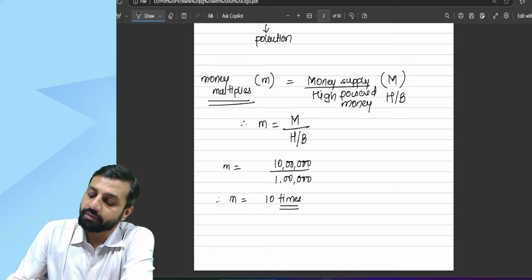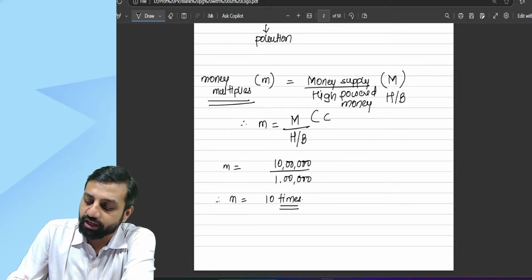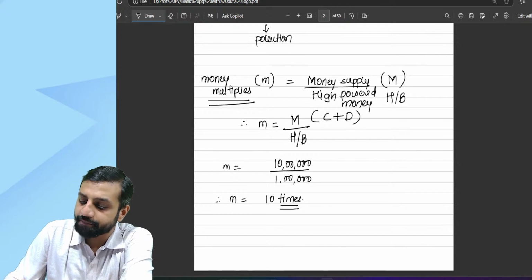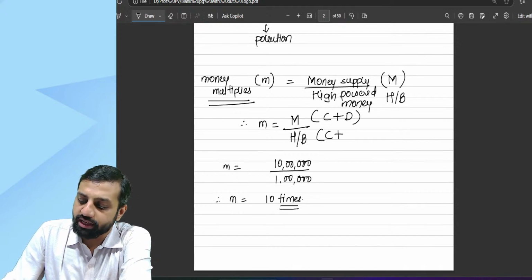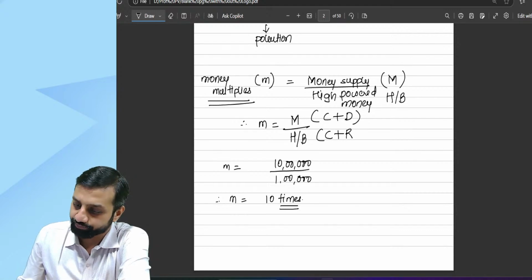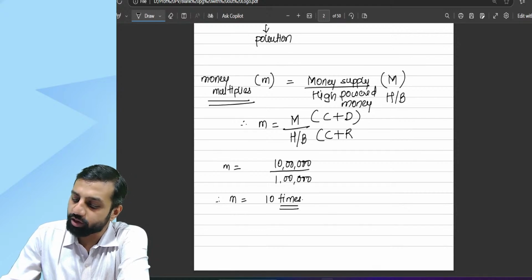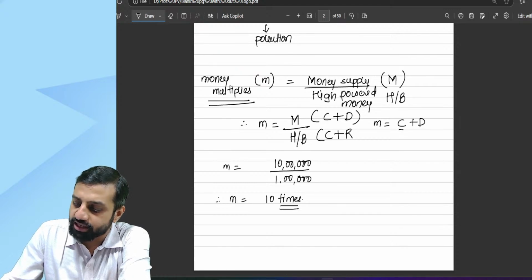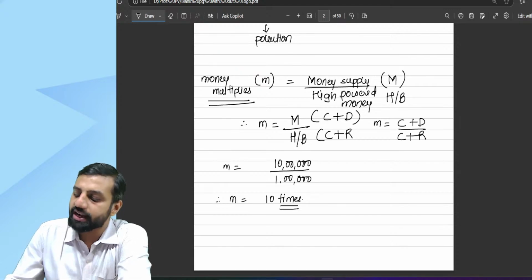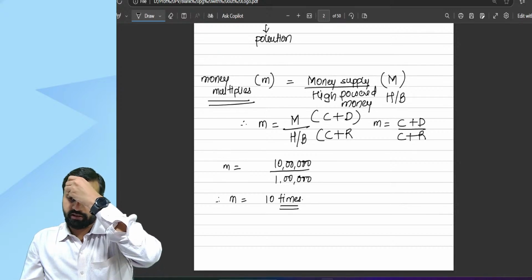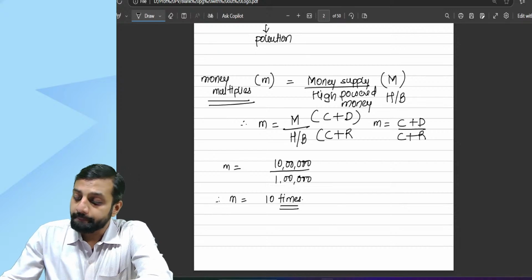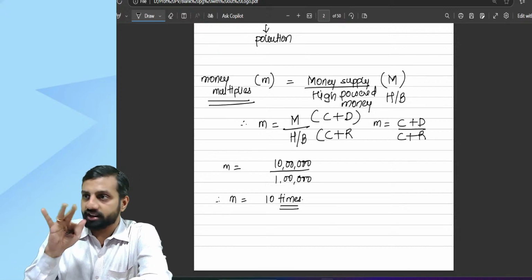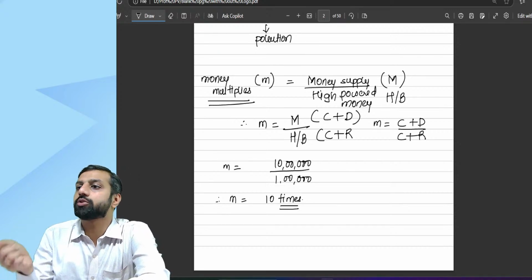Now, money multiplier M can also be written as C plus D, currency plus deposits, whereas high powered money is C plus R. So another formula for money multiplier is M is equal to C plus D upon C plus R. So Surya, money multiplier is equal to currency plus deposit, which is equal to your money supply.